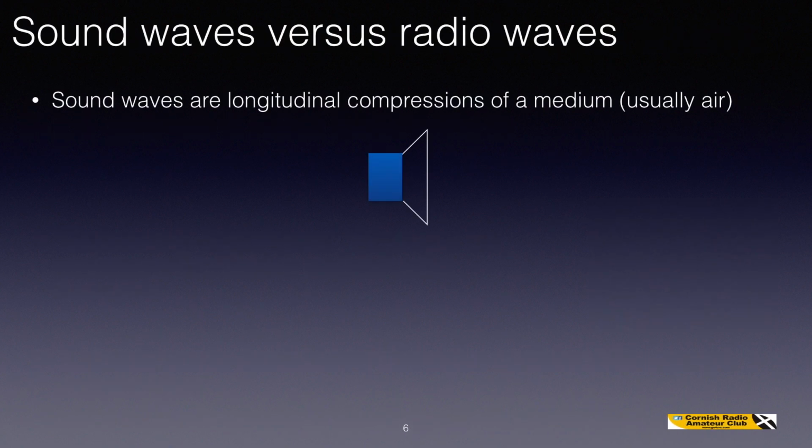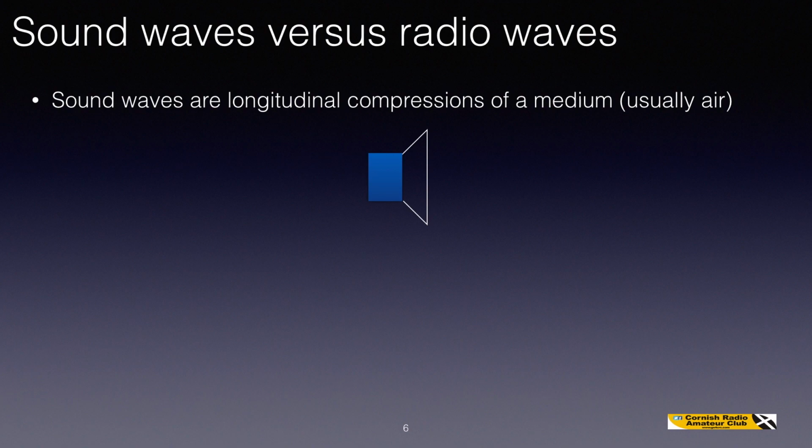The foundation license distinguishes between RF, radio frequencies, and AF, audio frequencies, by the value of the frequency. So those are the things that you need to learn for the examination.